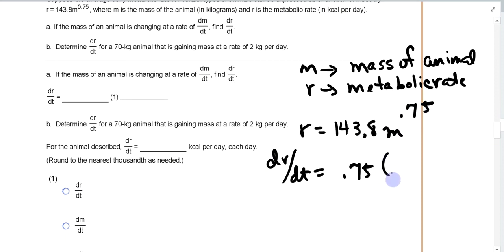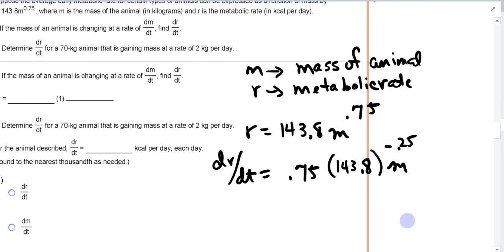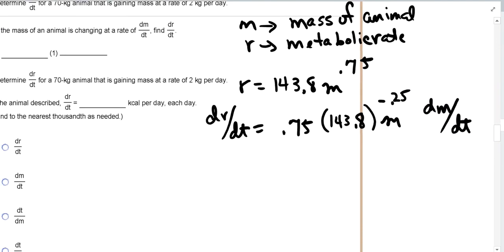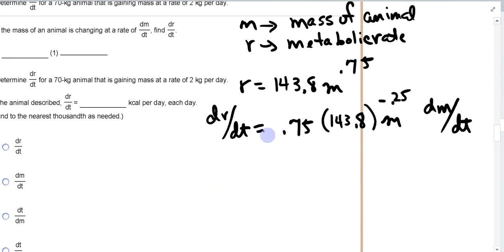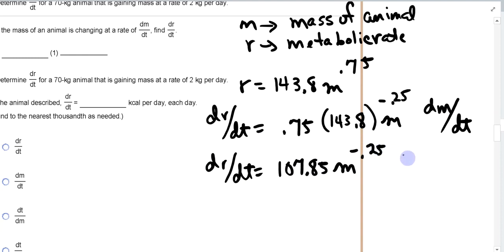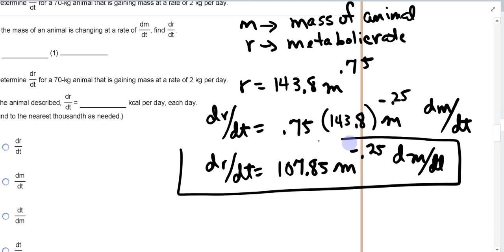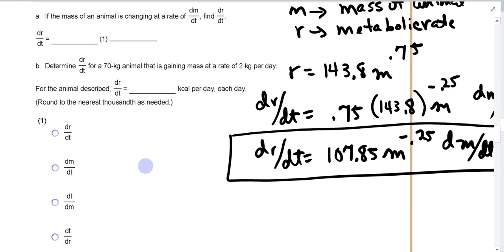So 0.75 times 143.8 m to the negative 0.25 dm/dt. All right. So let's plug in, let's just do this number here. dR/dt equals 107.85 m to the negative 0.25 dm/dt. That's A part. That's in general.